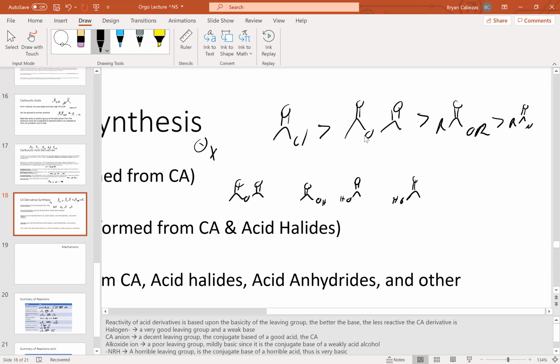So that's why the anhydride is the next group in terms of reactivity, because although this carboxylate ion is sort of like a base, it is still decently stable, right? But not as stable as the Cl or the halogen.